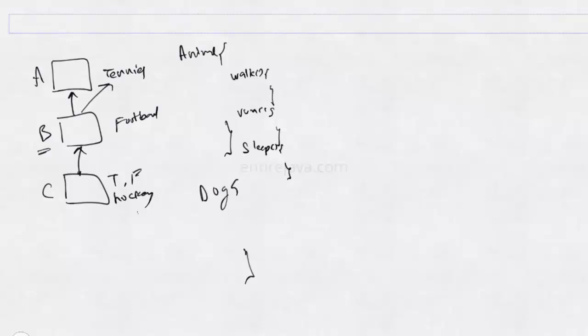Now dog can again walk, it can run. Apart from these two, it can also bark. So why should we write this code again? Instead, why don't we just inherit such behavior from its parent animal? Every dog comes into the category of animal. So it's okay to inherit some of the properties and behavior from the animal class.